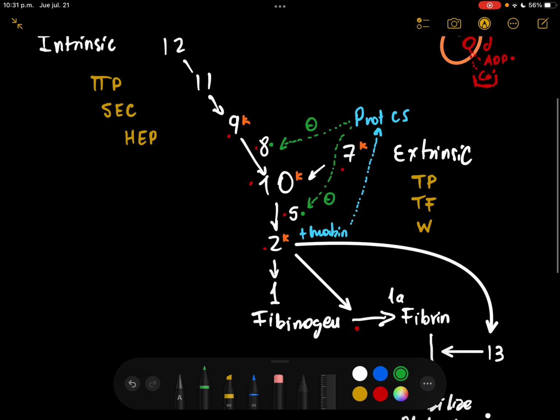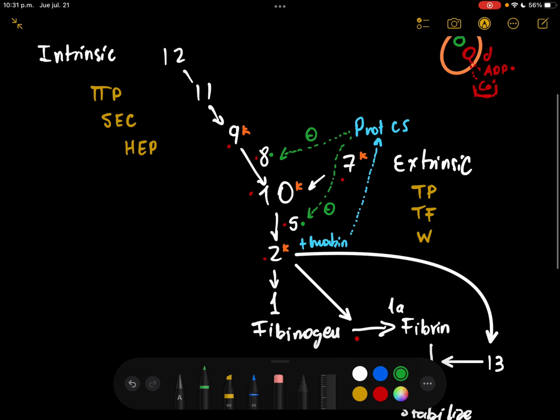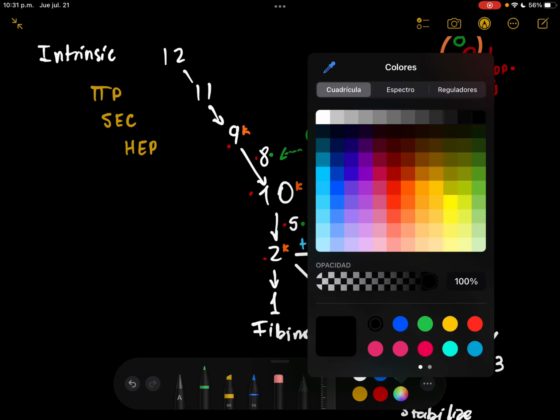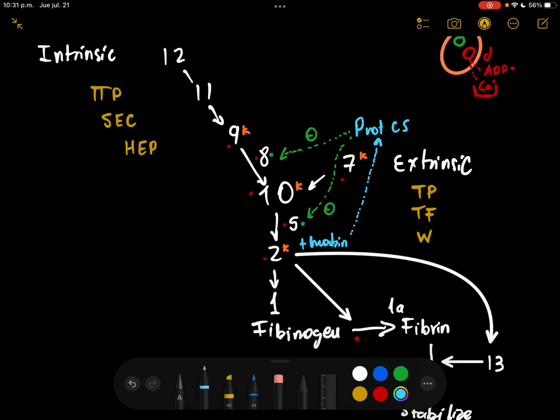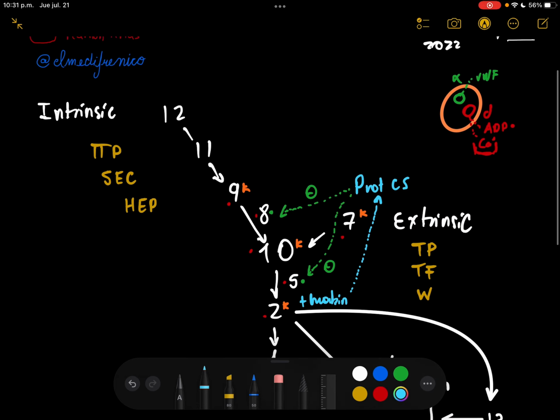Also, we have another physiological way that the coagulation cascade is regulated, and it's about the kallikrein pathway.